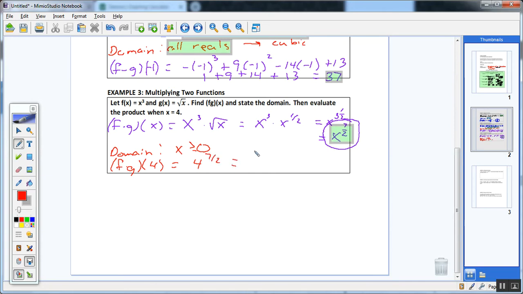Okay, anybody have a calculator? 128. So with a little bit of luck, kids, which point would be on that graph? What comma what? 4 comma 128. Let me check.